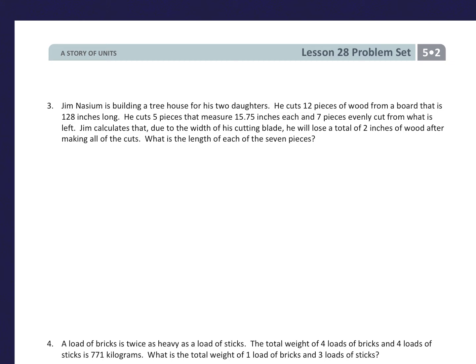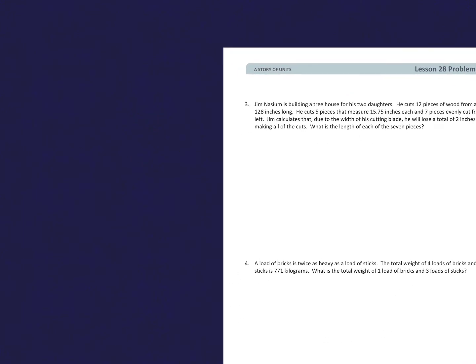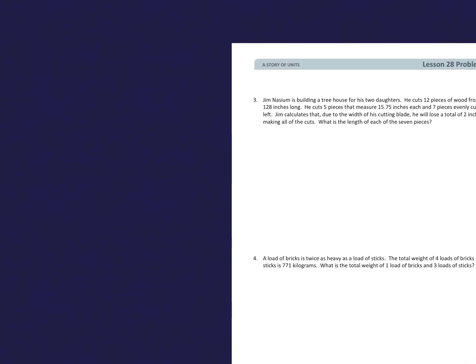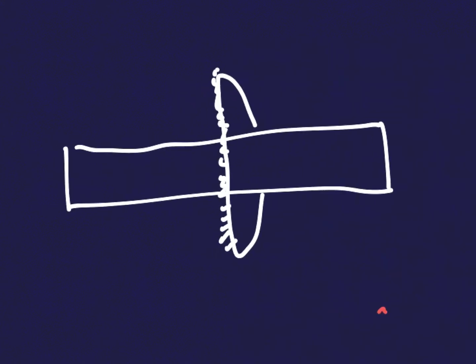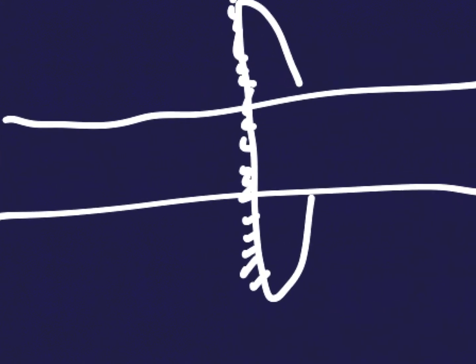Now, before I go into that, I'm going to explain what's happening for all of you wannabe carpenters out there. If you've got a piece of wood and you're cutting it with a saw, I'll make this. This is the saw. These are the saw blade teeth. That saw has width.